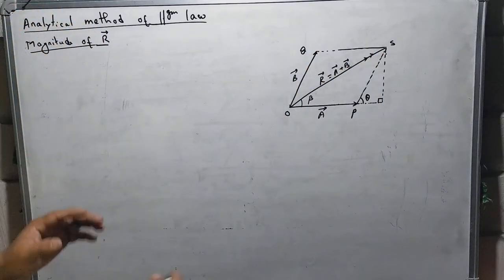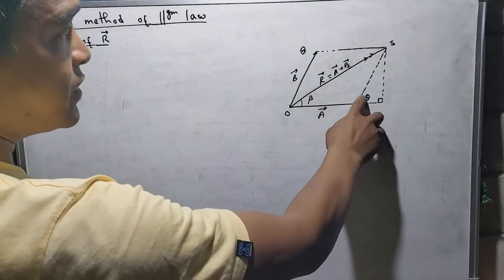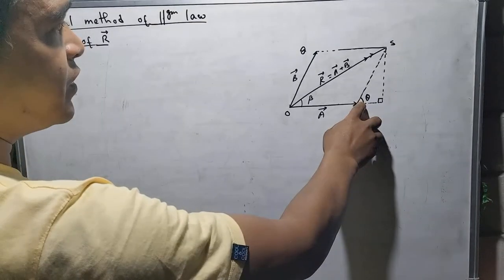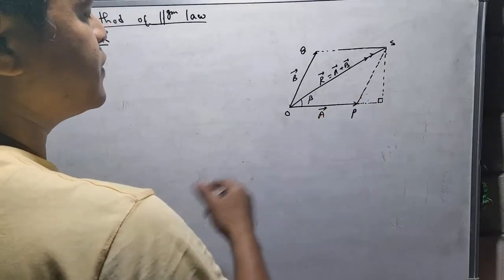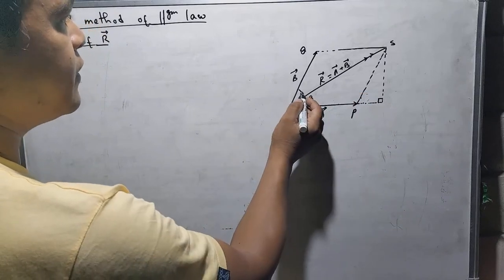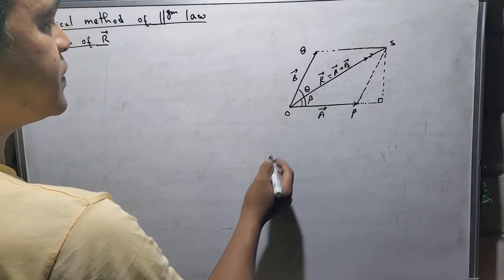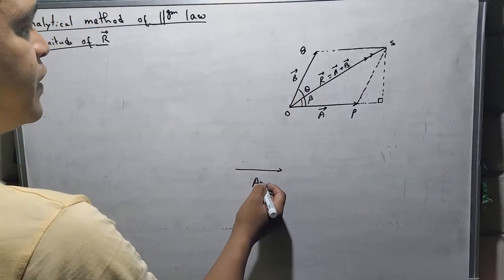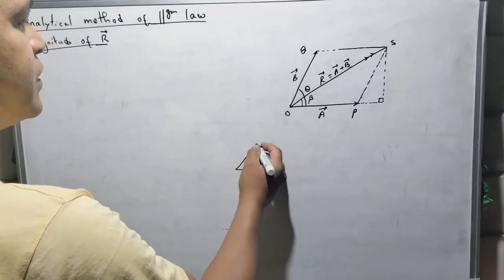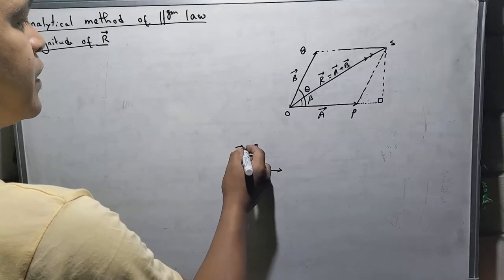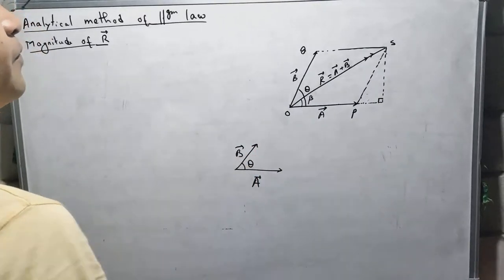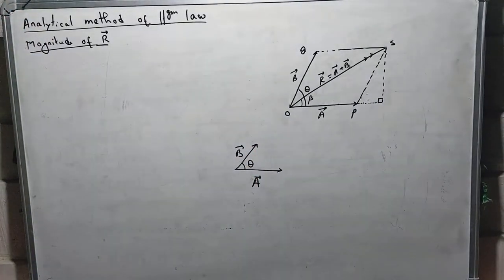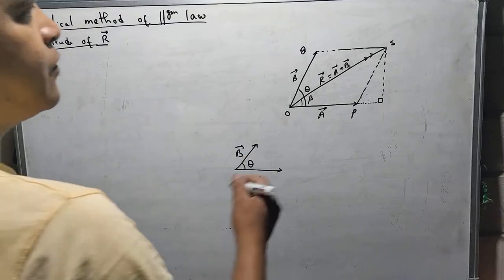Now, like before, if theta is the angle between, sorry, I made a mistake, this is not theta. Theta here is this angle. Suppose this is vector A acting in this direction, and this is vector B acting in this direction, then theta is the angle between A and B. So what is this other angle?